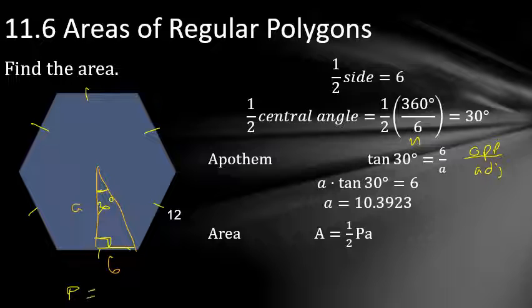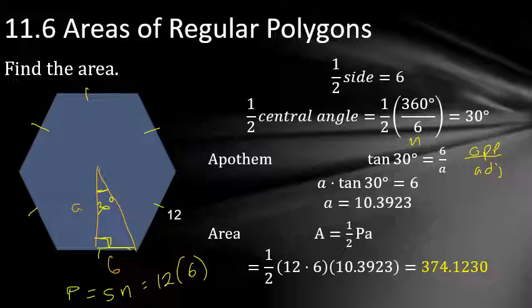Our perimeter is going to be the length of a side times the number of sides, or 12 times 6. That's our perimeter times the apothem, 1/2 perimeter times apothem. 374.1230. I would probably say 374.1.